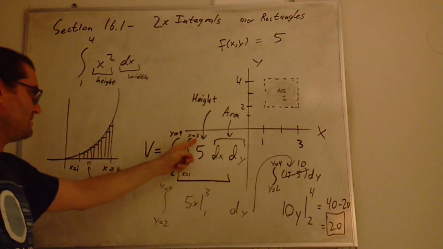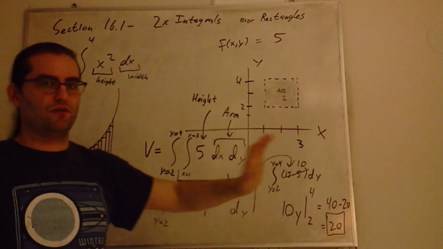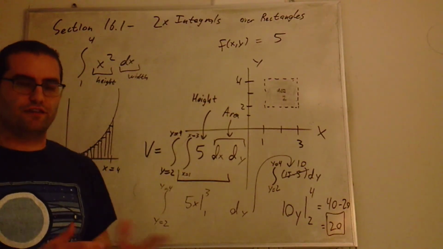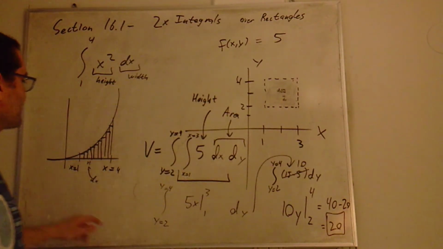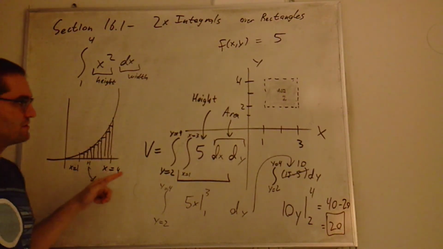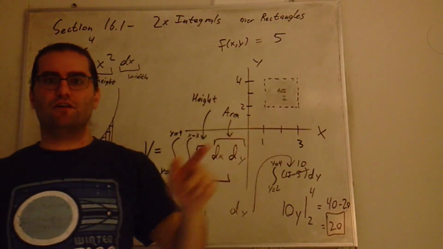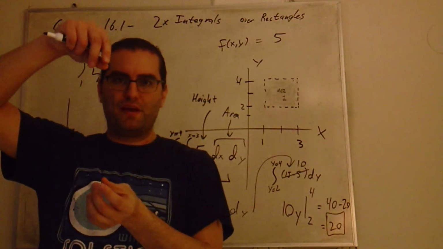And then these big scripty S integral things, that means you're just adding up all the volumes. You're adding infinitely many volumes. So instead of taking the sum of the areas of many rectangles, I think of this as taking the sum of the volumes of many pillars.